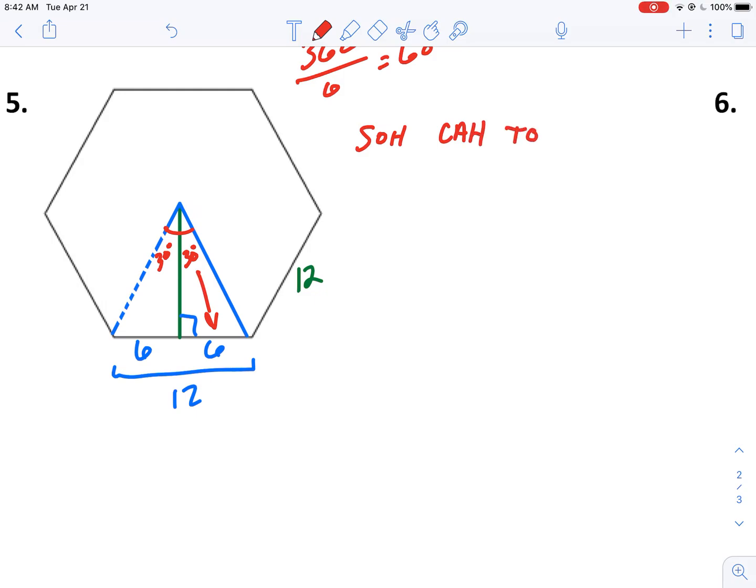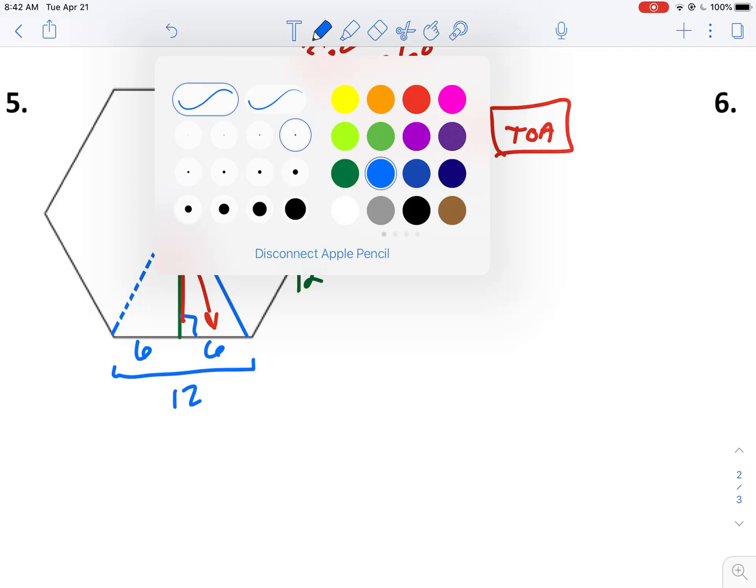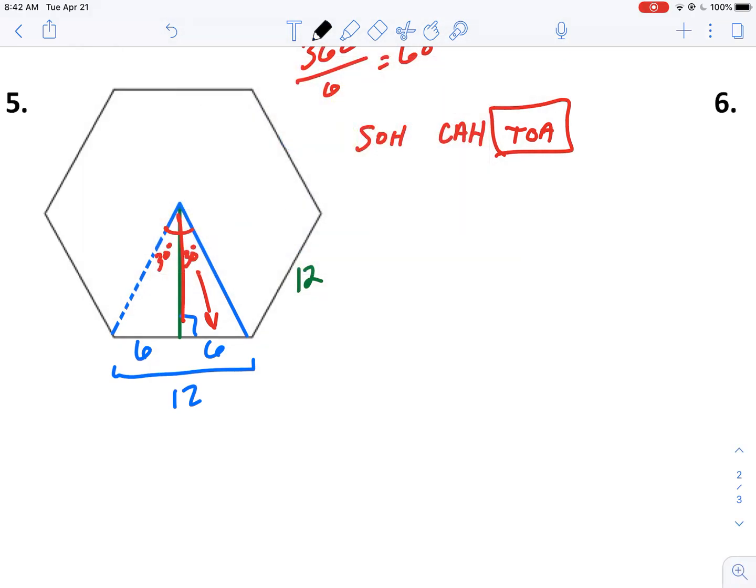And here's where we need our trig rules. So I want the apothem. I want the adjacent side, and I have the opposite. So in SOHCAHTOA, I have O, and I want A. So O and A, I'm going to take tangent.